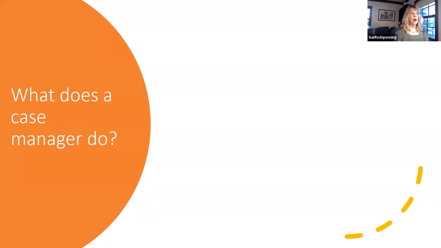And so that's what they're constantly doing, is being that big picture of the funding and what they're supposed to do for the person that they're coordinating things for. And those case managers do go into the home, or right now, most of them are remote, but they do go into the home at times, still even during COVID, to see how things are going.